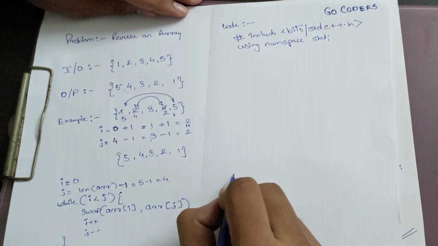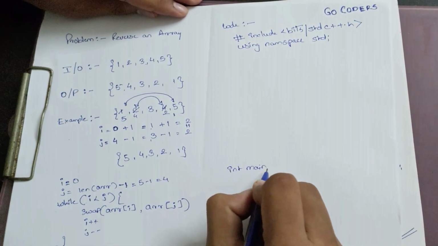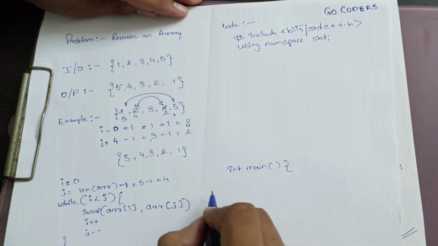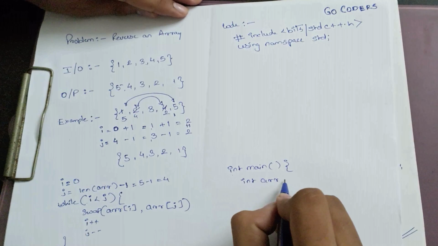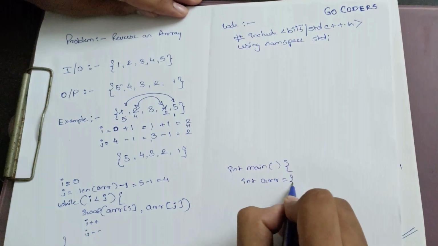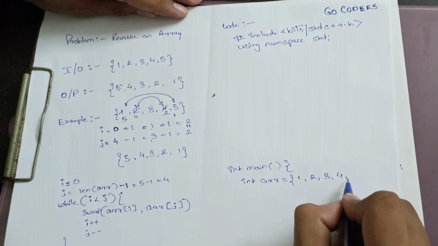Now first let's declare our main function, int main. Let's declare an array, our input array, int array, which is 1, 2, 3, 4, 5.